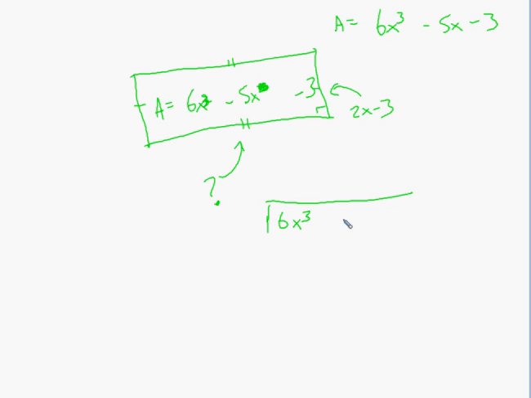6x cubed. Now, before we fill this in, and this is why I left out that x squared, notice we're missing which term? The x squared term. That means it's 0x squared. It's gone. So I need to add that in: plus 0x squared, as a placeholder for my division.